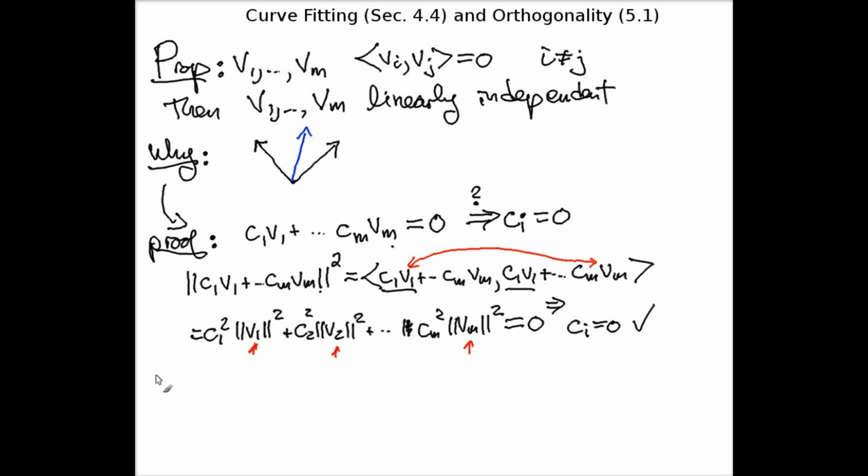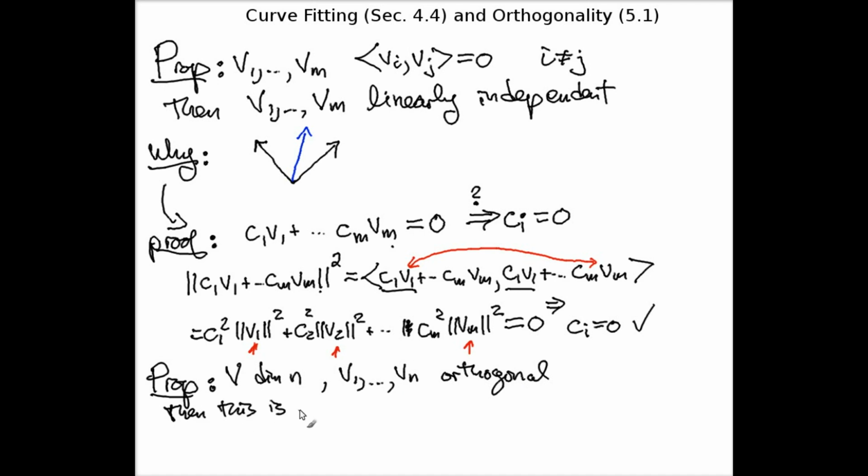So in particular, suppose V has dimension n, and suppose you have n vectors which are orthogonal, all the VI VJs are equal to 0. Then this is an orthogonal basis.